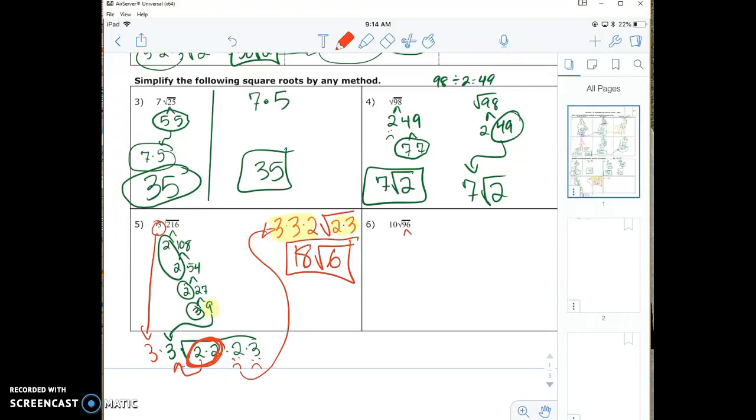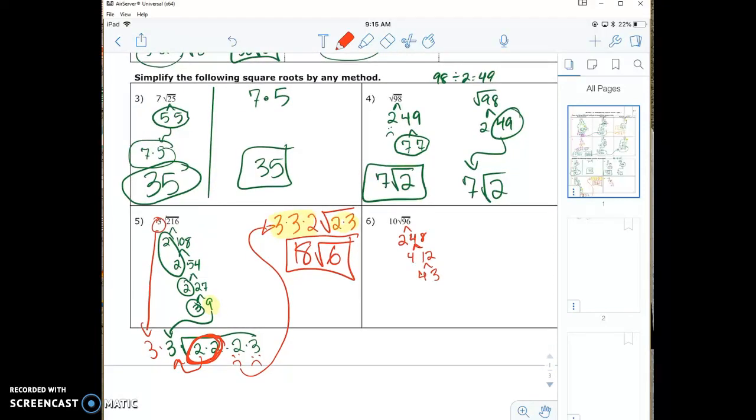10 square root of 96. 96 is an even number, so it is divisible by 2. 2 times 48 makes 96. 48 is 4 times 12. 12 is 4 times 3.